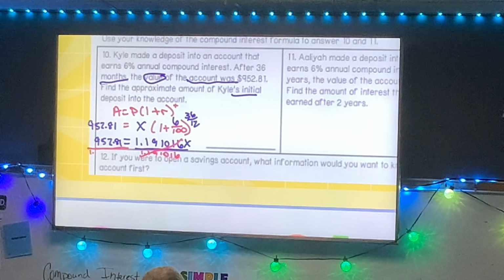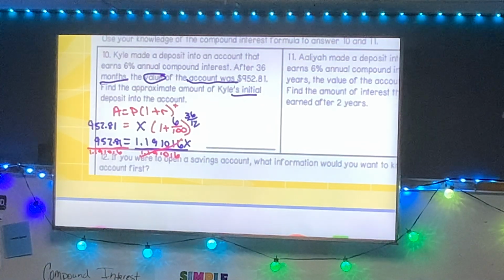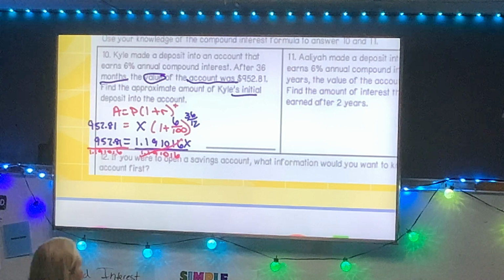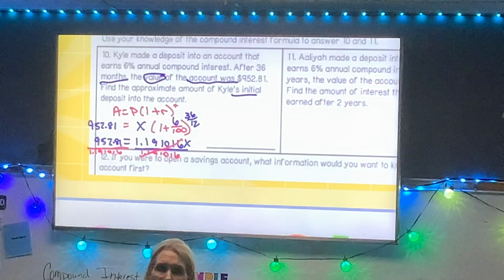Remember, your top number puts in your calculator first. So do 952.81 divided by 1.191016 and round.